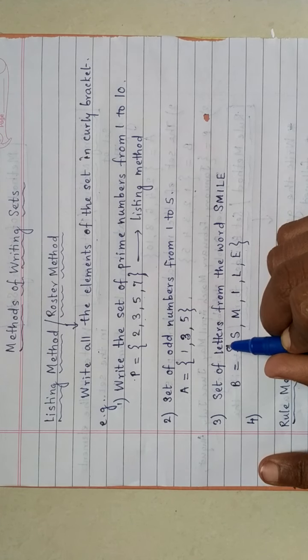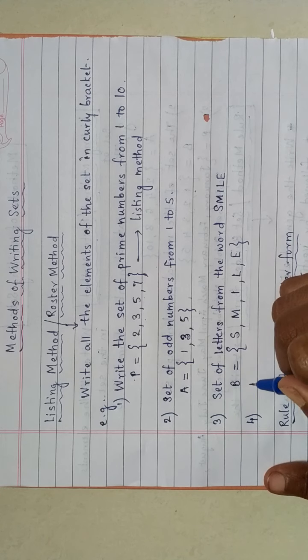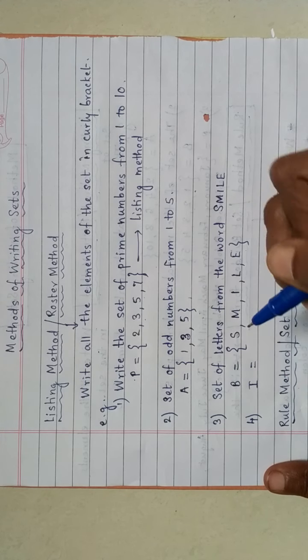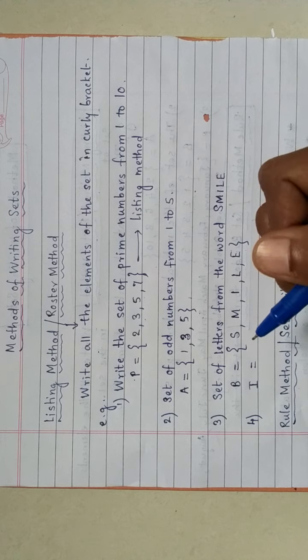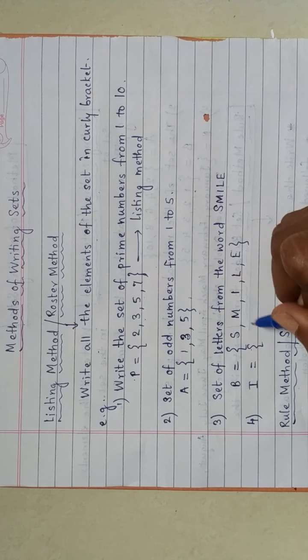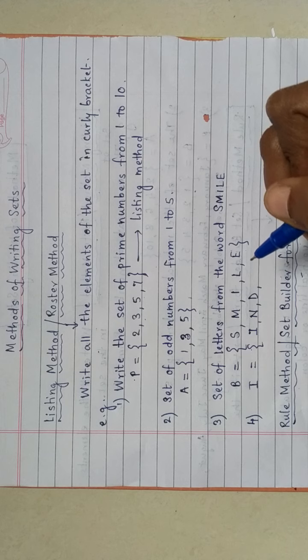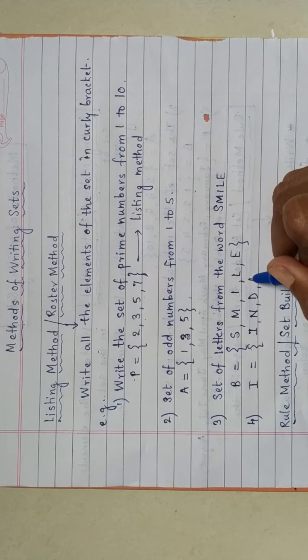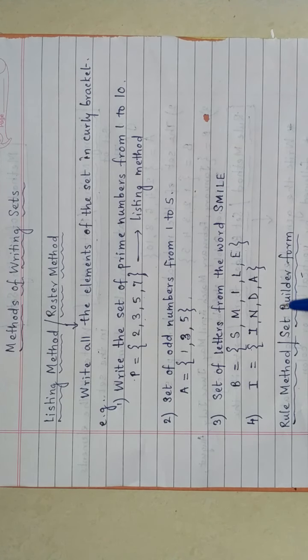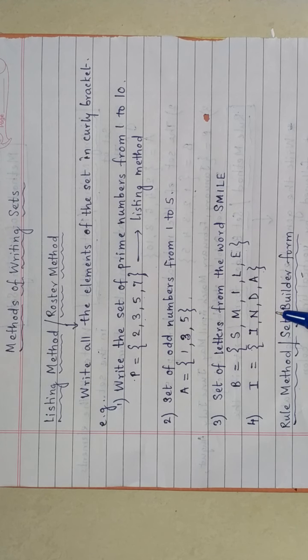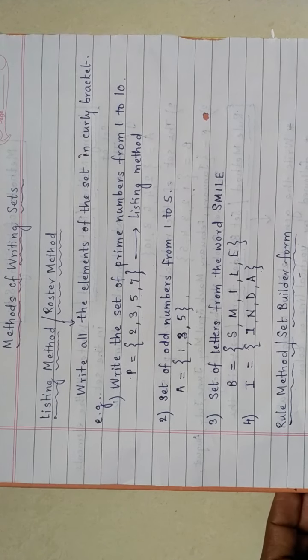We are writing a set of letters from the word India, and we represent the set by the letter I. So here in India, the letters are I, N, D, I. Again we will not write I twice, and then we will write A. So this is a set of letters from the word India. Is everyone following this? Okay, let's move ahead.